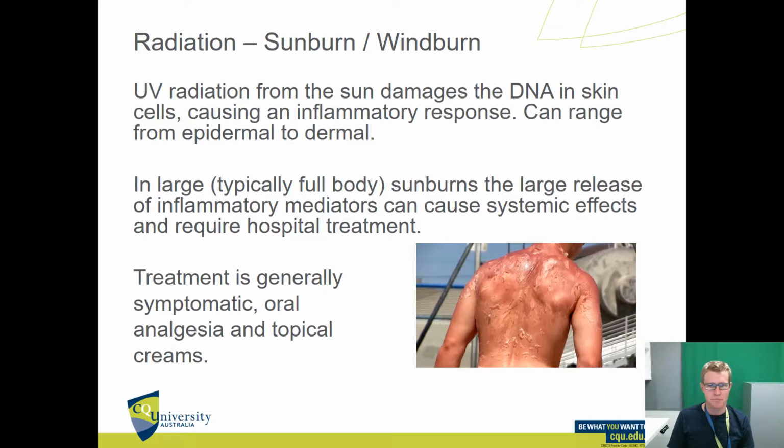Very painful. We've all had painful sunburns. Generally not a problem. They just need mild pain relief, maybe some soothing creams. There are some rare cases where people get such a large burn, just like we covered in the last lecture. They get a systemic response of these inflammatory mediators, and they can actually require hospitalization for some hemodynamic support.